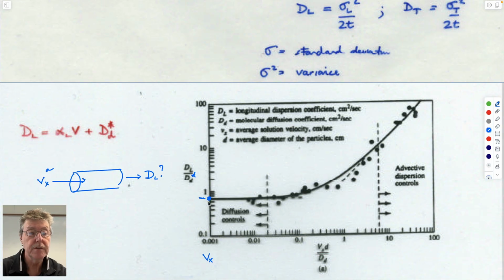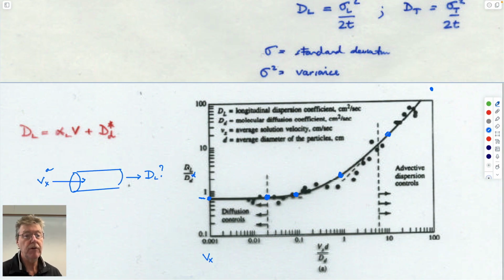So you have one data point. You increase the velocity tenfold, you measure the longitudinal dispersion, you get a number which is roughly the same. You increase it another tenfold, you get roughly the same number. You increase it tenfold again, this DL starts to increase, tenfold again, increases, and tenfold. All that you've done is take the value of dispersion that you measure and you normalize it by the chemical diffusion coefficient.